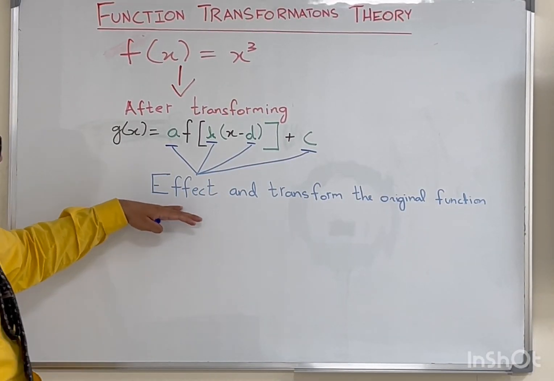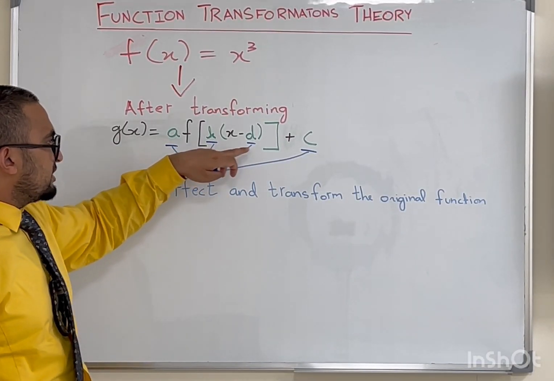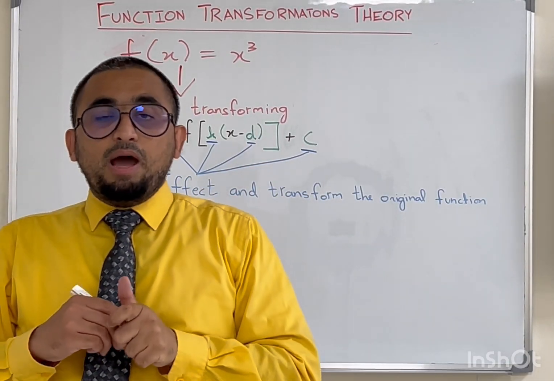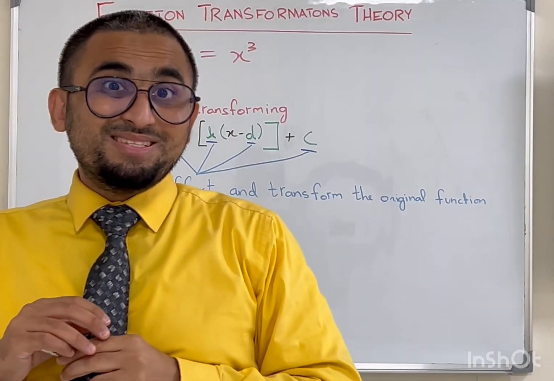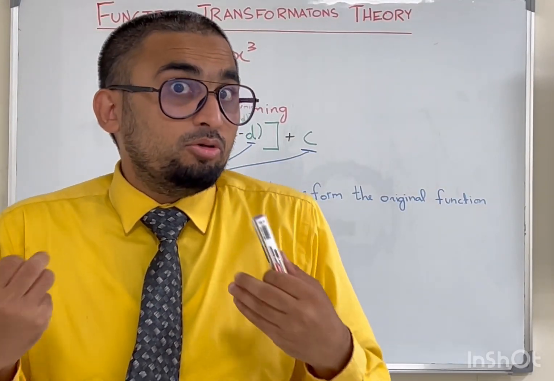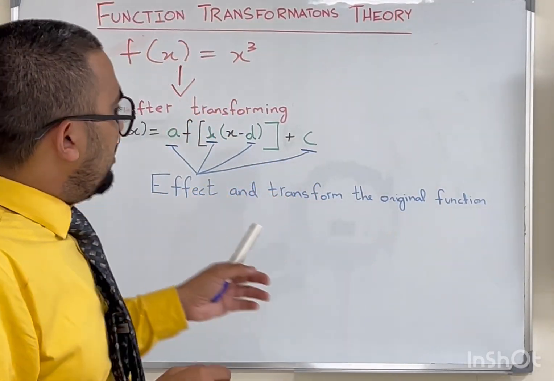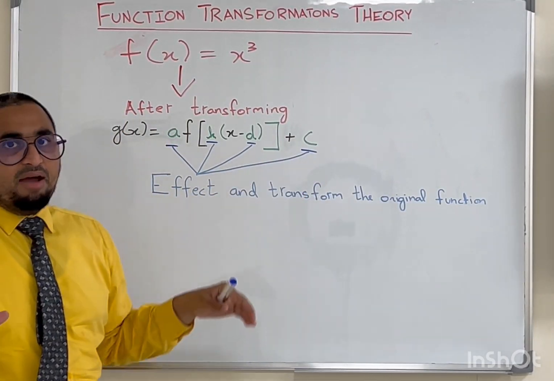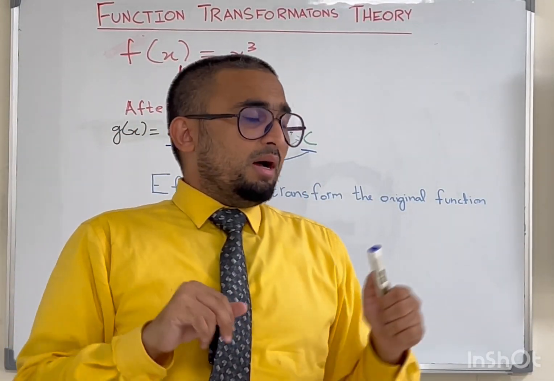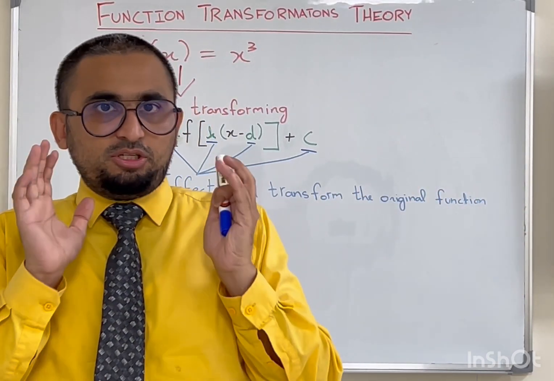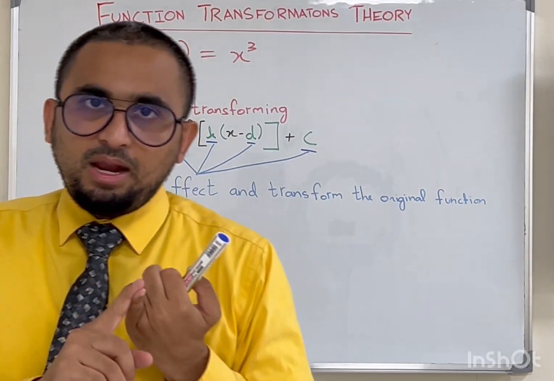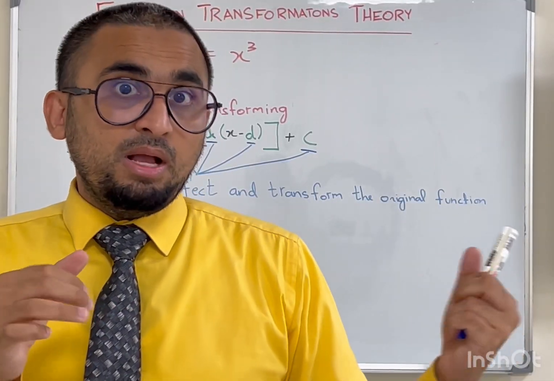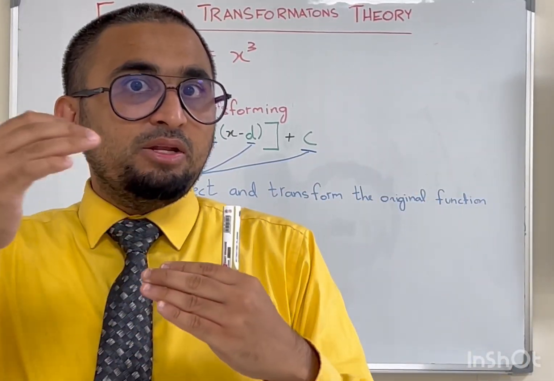So we have these four variables that affect and transform the original function. Now the next thing to understand is how they affect it. Each of these four variables has its own effect on the original function. So we need to understand how each of them affects the function individually.